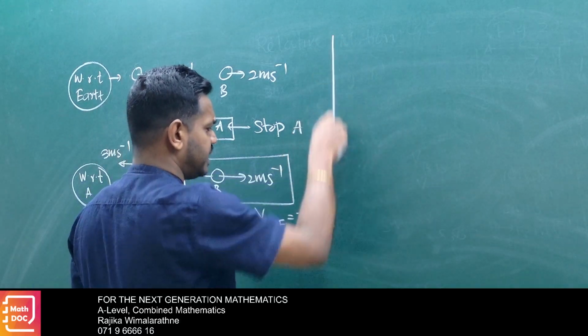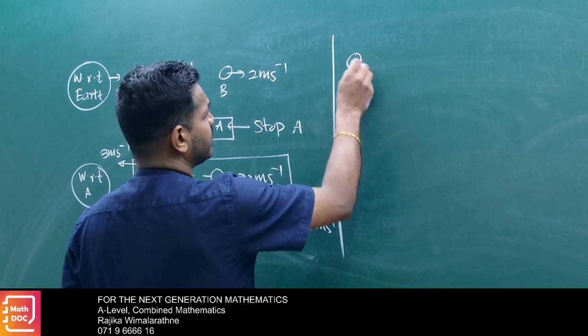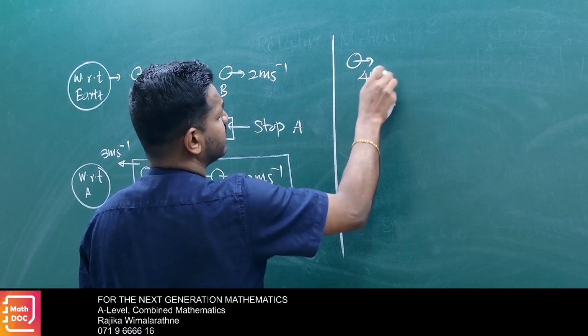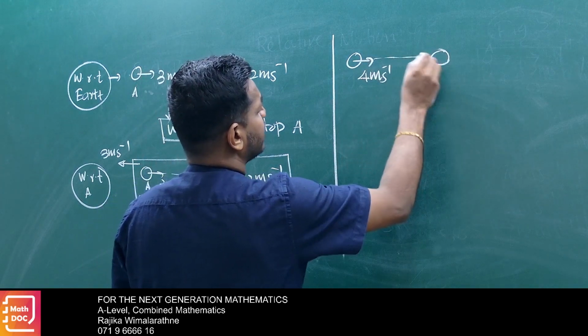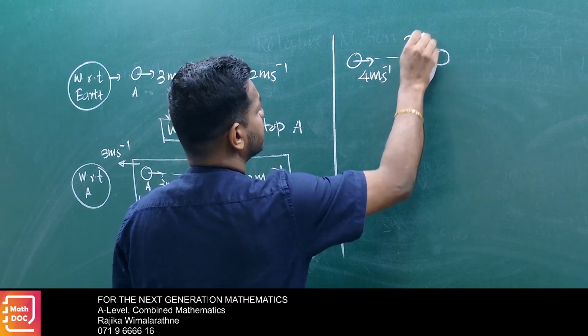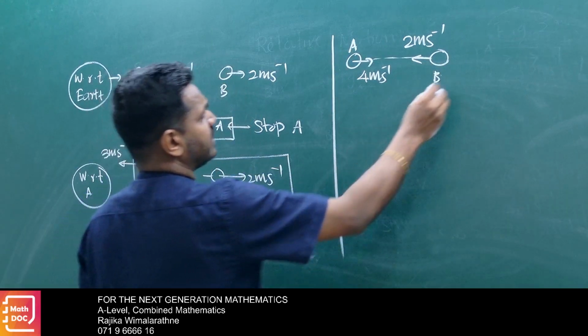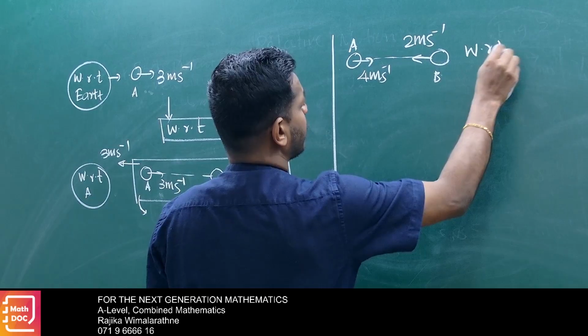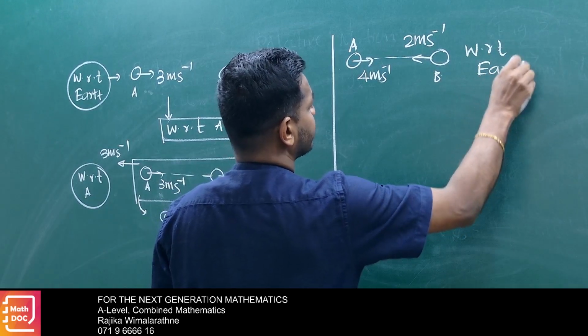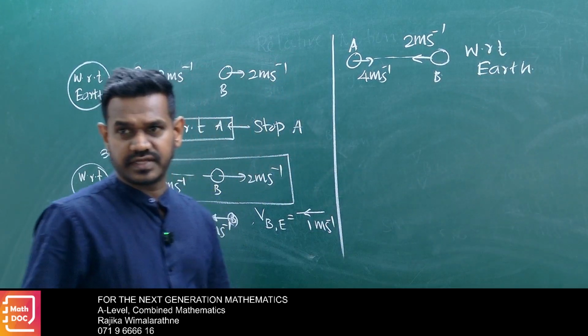Now consider another example. Here 4 meters per second, here 2 meters per second, say A and B, with respect to Earth.